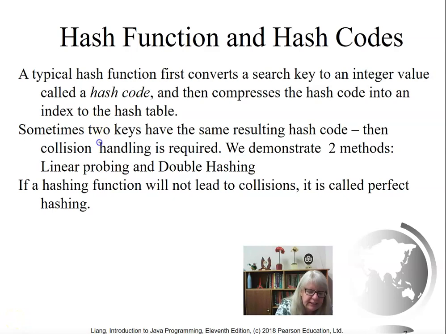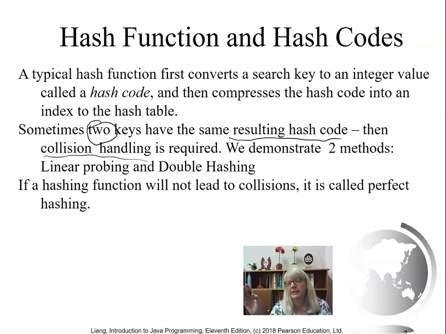Sometimes two keys result in the same value. What are we going to do then if two keys have the same hash code? Then we need collision handling. That is a collision. And we are going to demonstrate two methods, linear probing and double hashing, just so that you get an idea of what your options are.